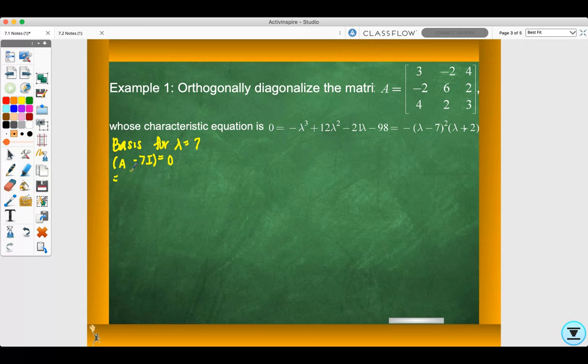So that would give me -4, -2, 4, -2, -1, 2, 4, 2, -4. When I go through, I can add row 1 to row 3 and cancel out row 3.